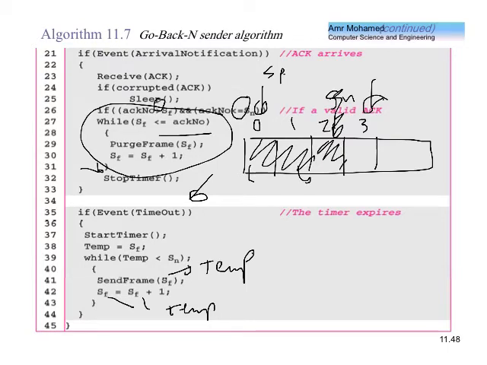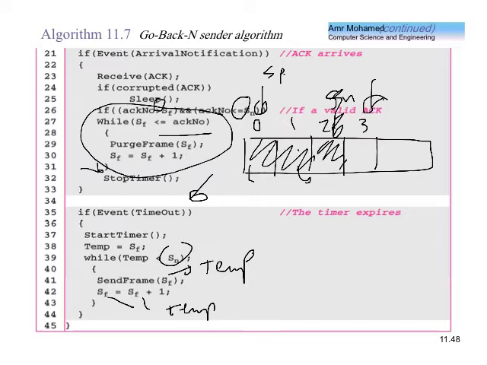So this means that I have to go back to the beginning of the window and send the frame at the beginning of the window again, and then send this again, and then send this again, and keep sending until I hit the SN. So while temp is less than SN, keep sending the frames again.